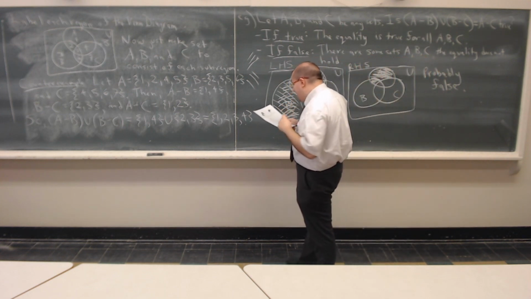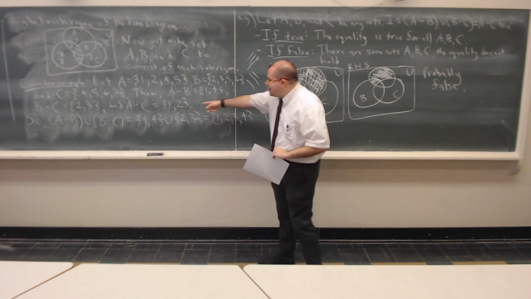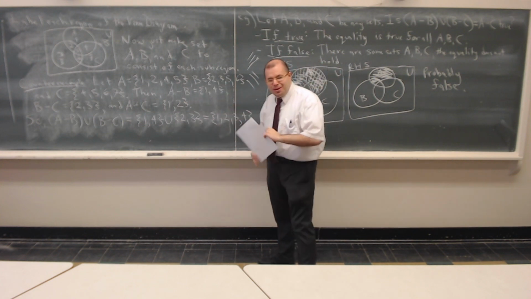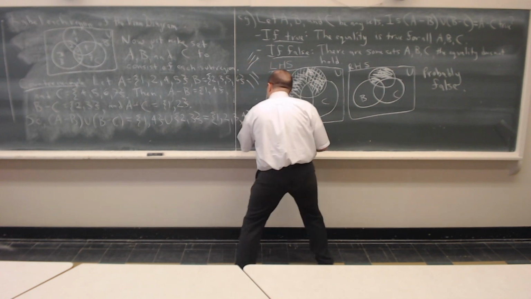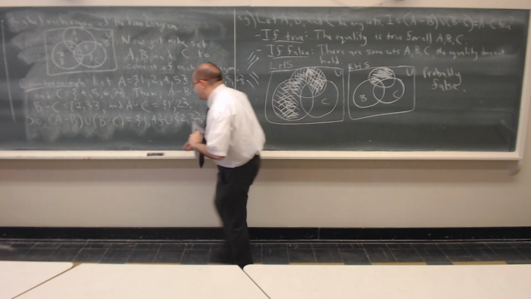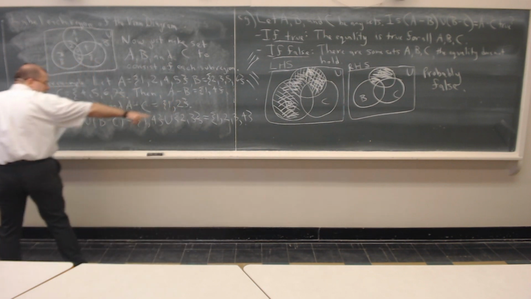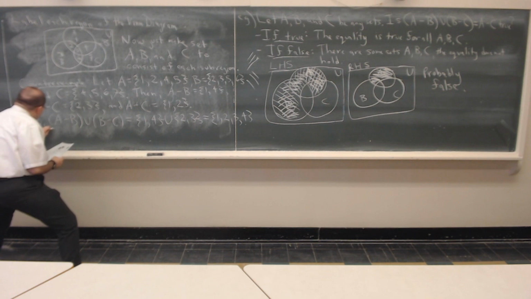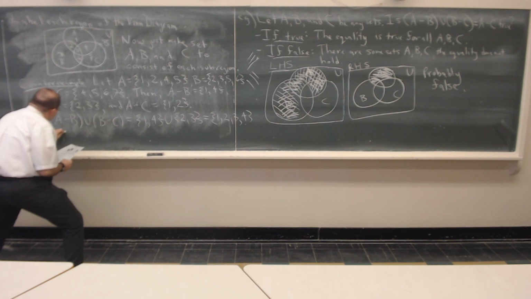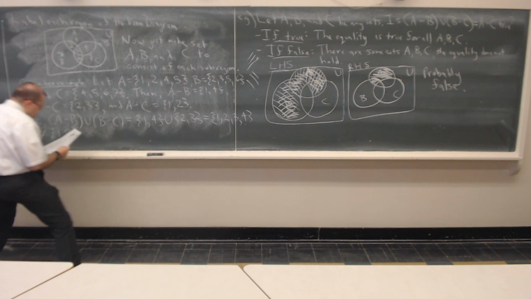However, A minus C is just the set with 2 elements, 1 and 2 in it, right? So this, however, is, I'm running out of space here, but just imagine I kind of bring this around, this is not equal to 1, 2.